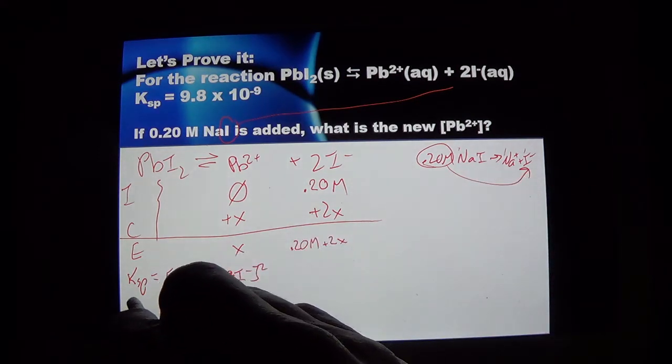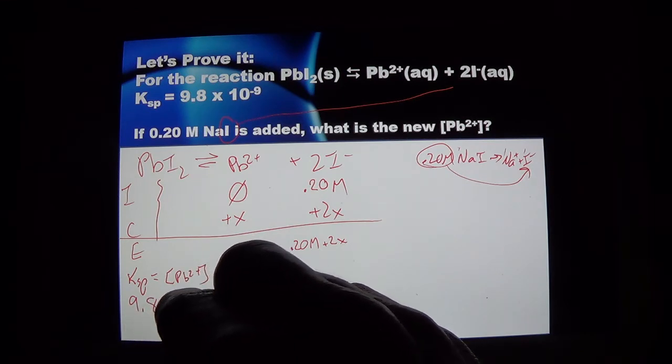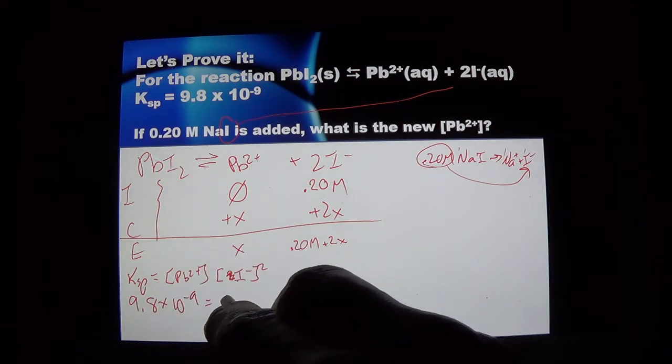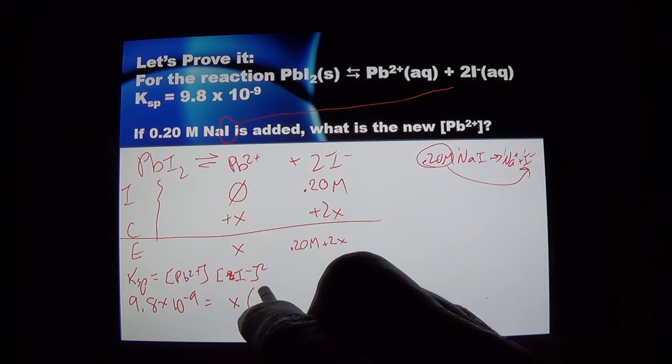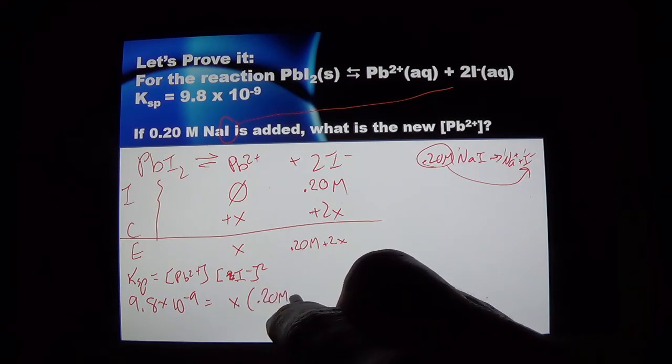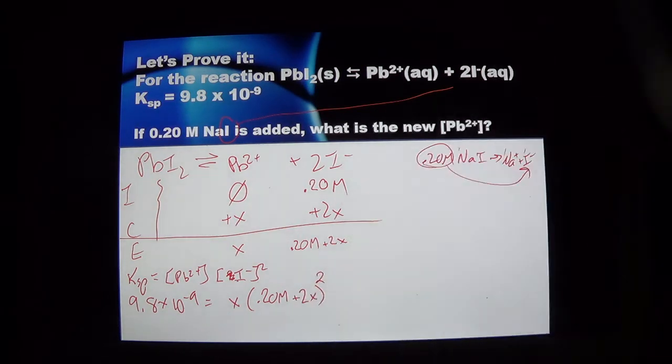Now, Ksp stays the same, 9.8 times 10 to the minus 9. Lead is still x, but check out what iodide is now. Iodide is 0.20 molarity plus 2x. And then that is squared.